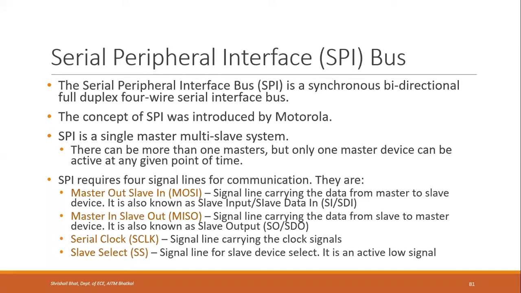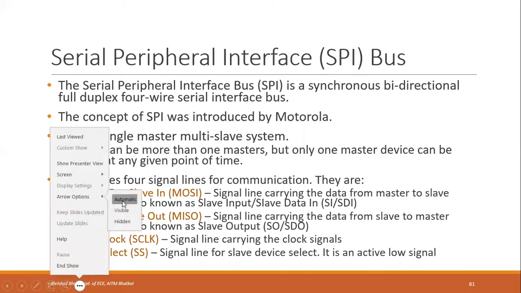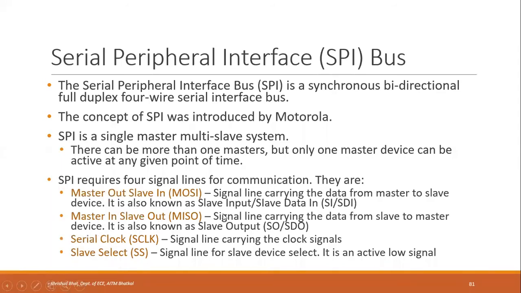That's why it allows full duplex communication. MOSI is a signal line carrying data from the master to the slave device. It is also known as slave input or slave data in, that means the input is into the slave from the master.